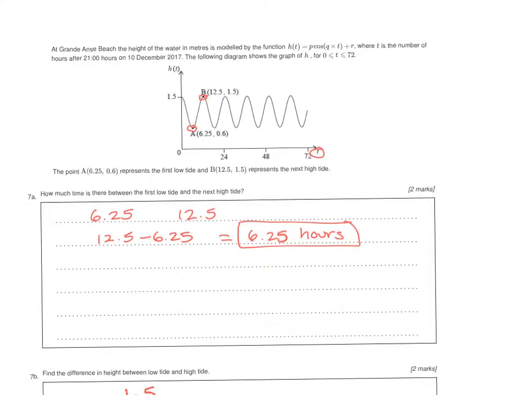The next 3 sections ask us to find P, Q, and R. So as a quick refresher, remember that P is your amplitude, and a negative P is possible. It would cause a reflection in the graph.